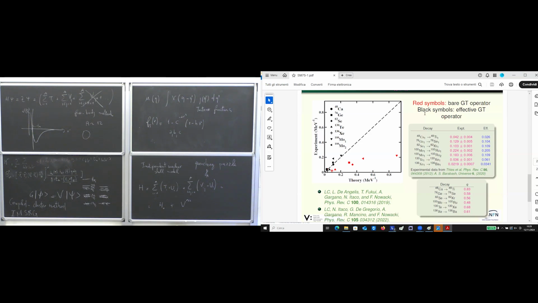But this is not correct, because the two processes are different, they come out from different physics. So you cannot literally use this procedure of using your empirical quenching to calculate the neutrinoless decay, or at least you do it because you cannot do better than this.